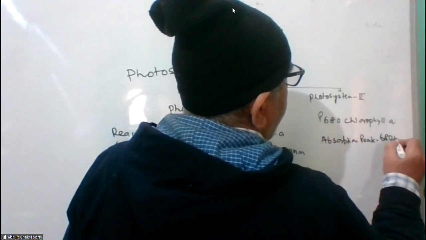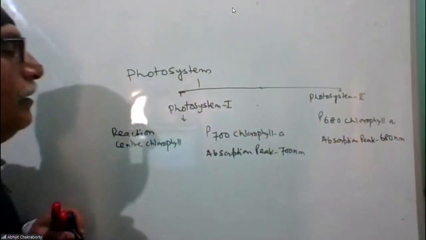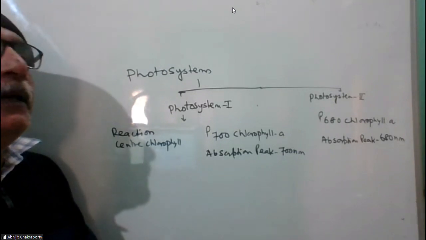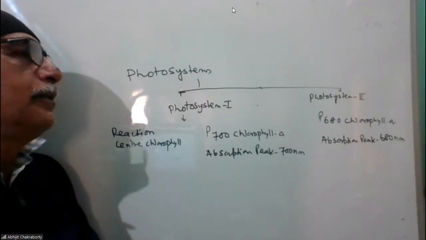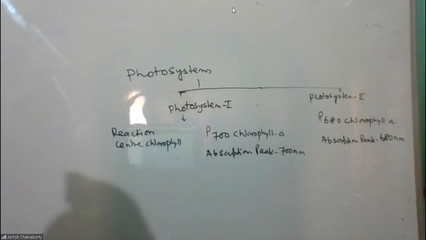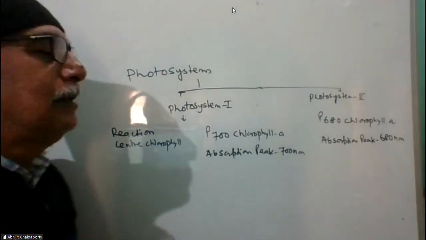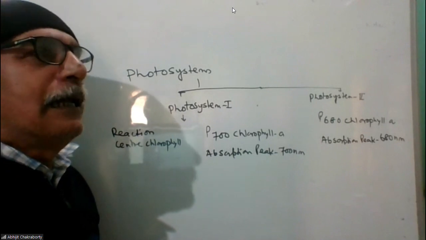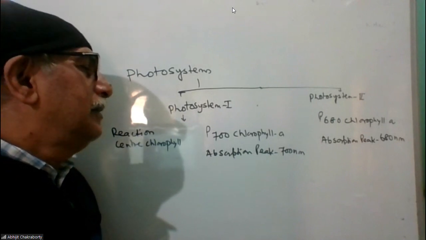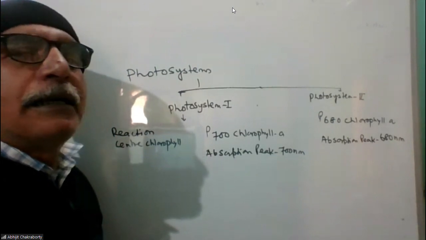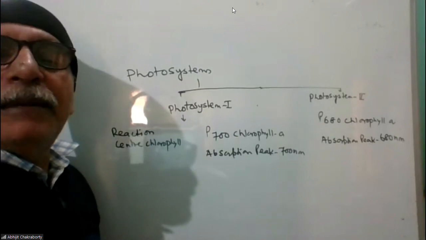P700 is a chlorophyll molecule having the ability to absorb light up to a 700 nanometer wavelength. Then the term P700 comes. P comes from the photosystem. The chlorophyll molecule of the photosystem that can absorb light up to the highest 700 nanometer wavelength, where the absorption peak is 700 nanometer, is considered the P700 chlorophyll molecule.